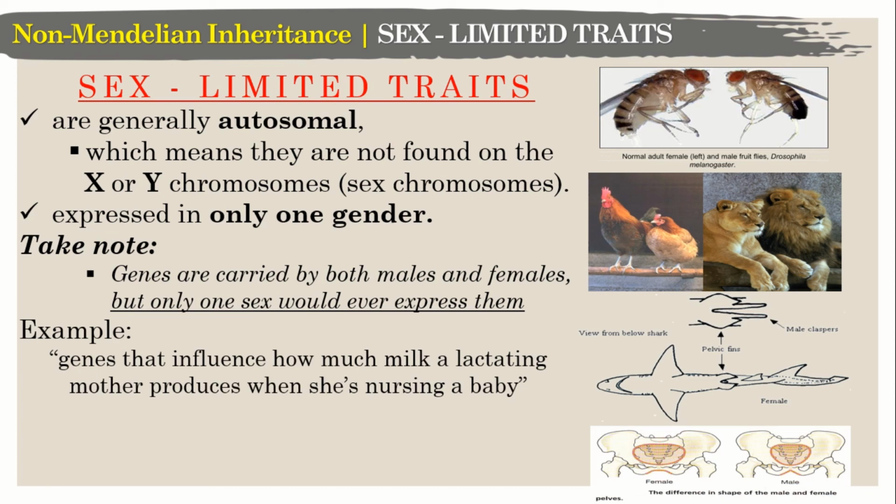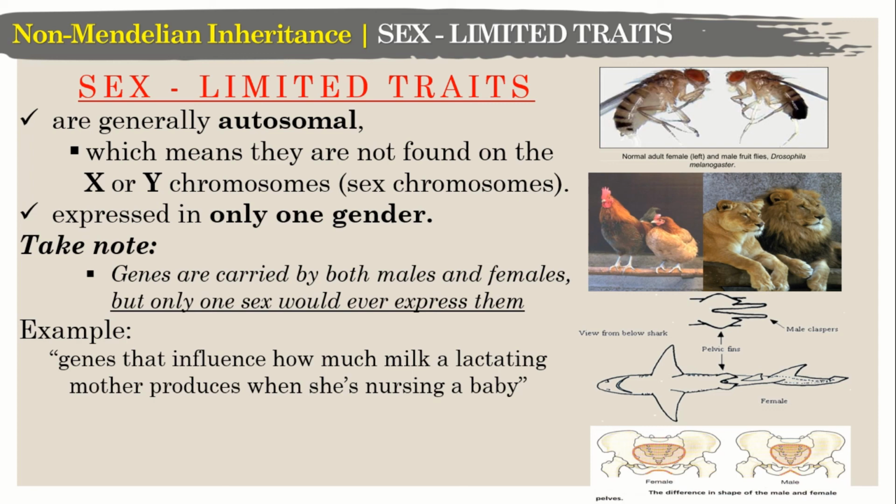Example, genes that influence how much milk a lactating mother produces when she is nursing a baby. Who is the one who breastfeeds? Mother. But both of the parents, mother and father, have the lactating gene.